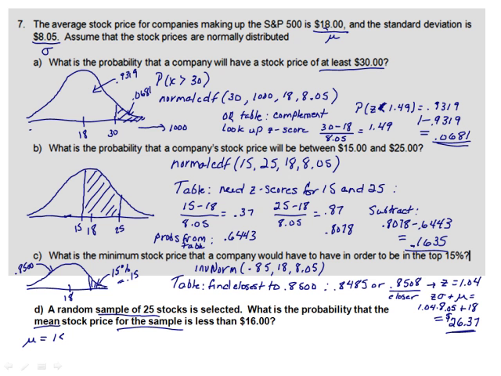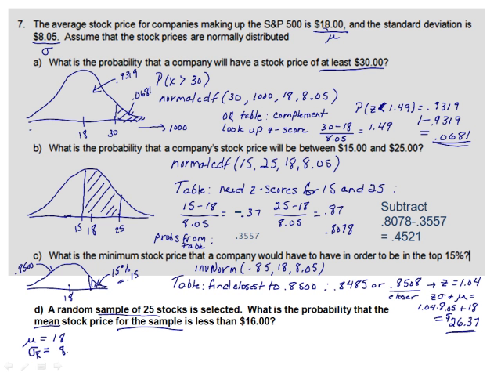And if you remember, the mean is going to be the same as what we already had. So the mean will be 18. What's different is going to be the standard deviation. And remember, for the standard deviation for a sample mean, we take our original standard deviation, which was the 8.05, and we have to divide that by the square root of the sample size.